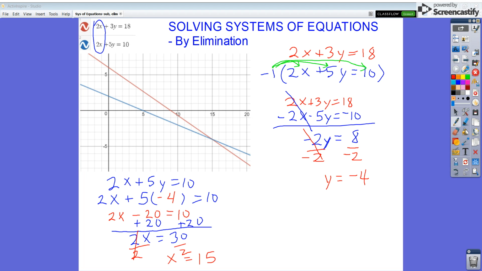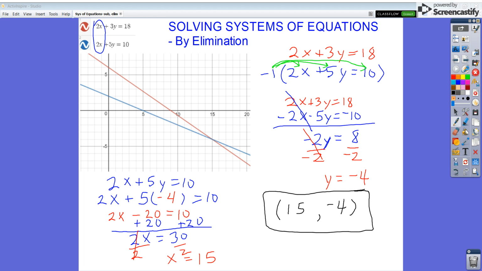So the way to write that solution is as an ordered pair, which means you have your pair separated by commas, and x is 15, and y is minus 4. And that's your answer.